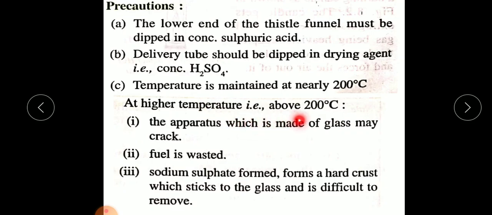If the temperature is high, the glass apparatus may crack or fuel is wasted. Sodium sulfate forms a hard crust which sticks to the glass and is difficult to remove. So these are the precautions we need to take during the lab preparation of hydrogen chloride gas.